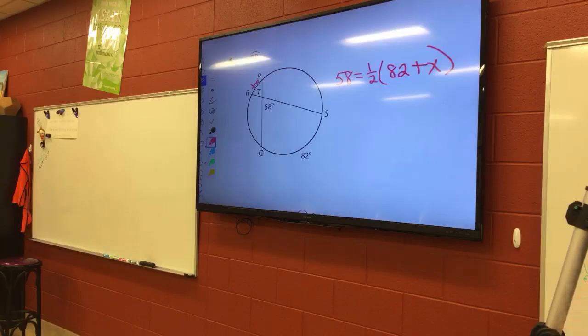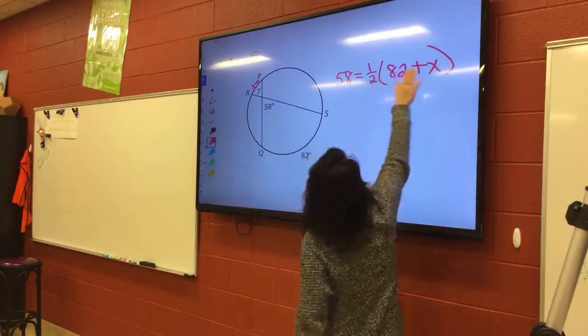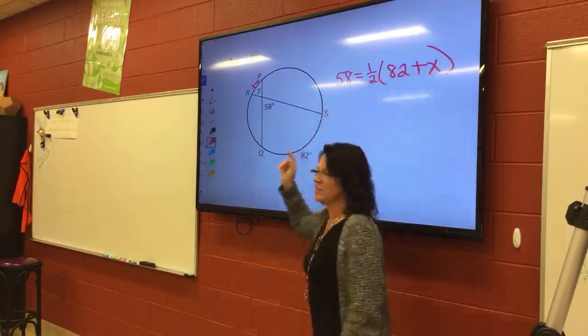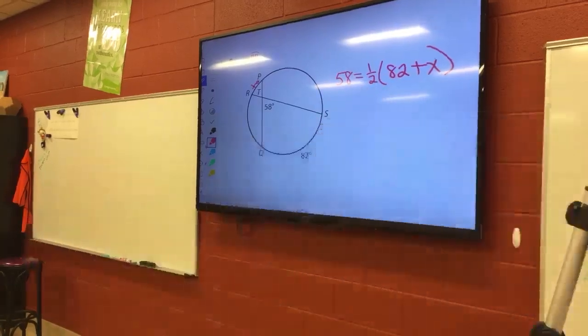So when I'm solving for X, what's the easiest thing to do first? Yeah, multiply by 2. You could distribute 1/2, use the distributive property and do 82 divided by 2 and then 1/2 X. But it's a lot easier just to go ahead and multiply both sides of that equation by 2.